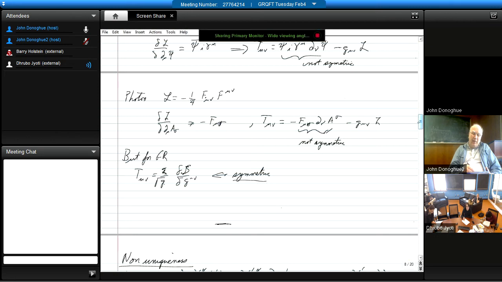Maybe this is leaping ahead a little bit, but is the non-symmetric portion of the stress energy tensor somehow related to the torsion of the metric? Not of the energy momentum tensor.